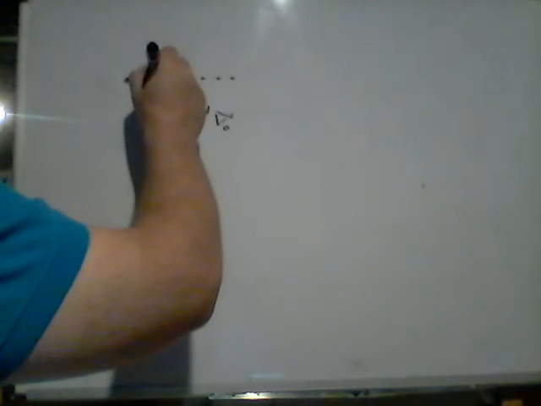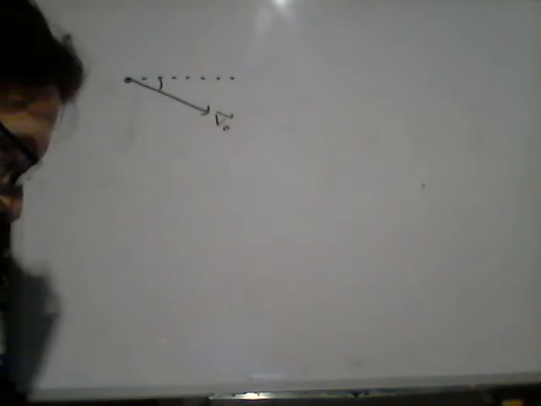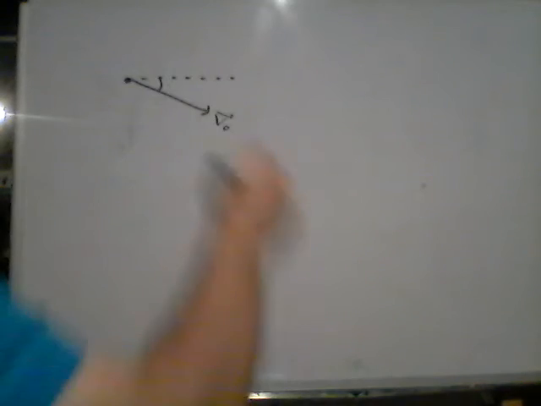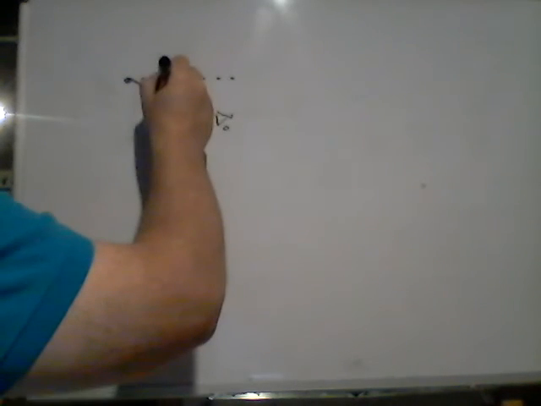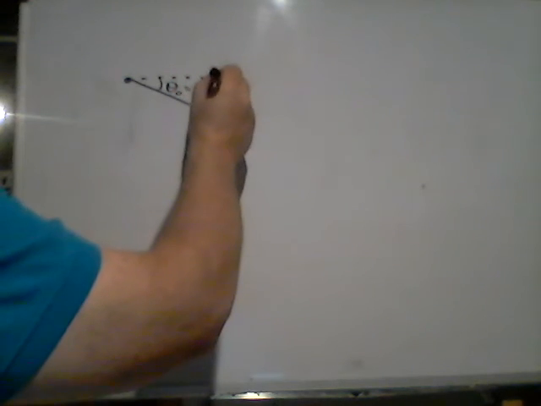So this angle is 30 degrees. So your theta naught, if you will, equals 30 degrees. That's what the airplane is doing right now.